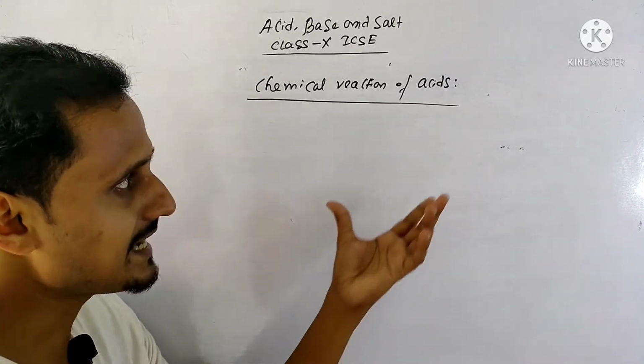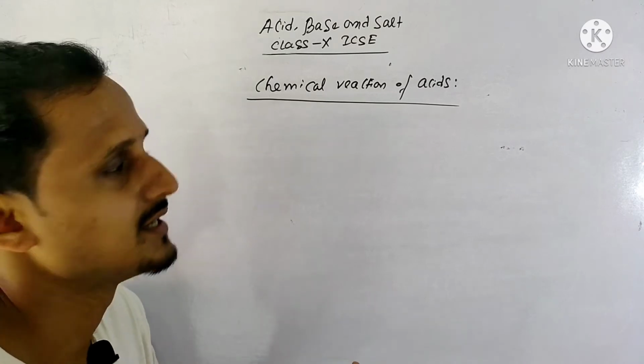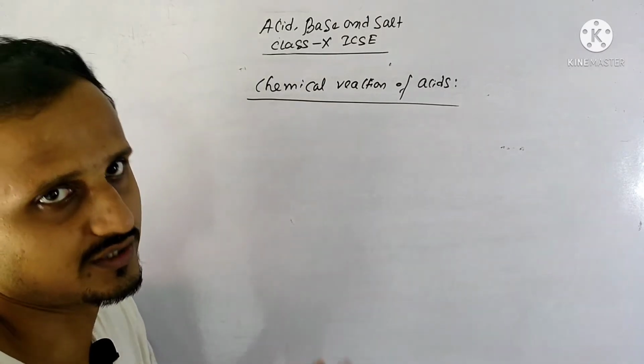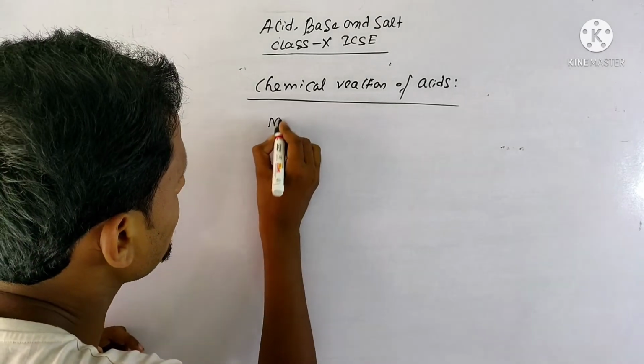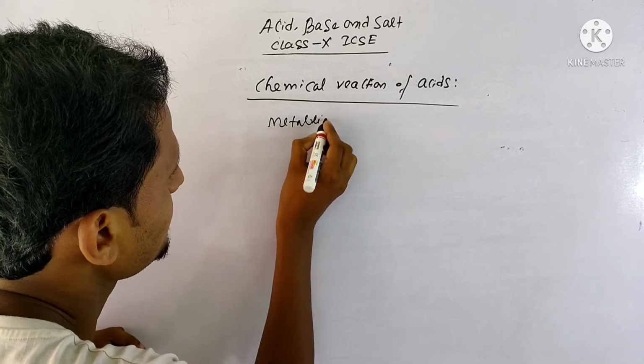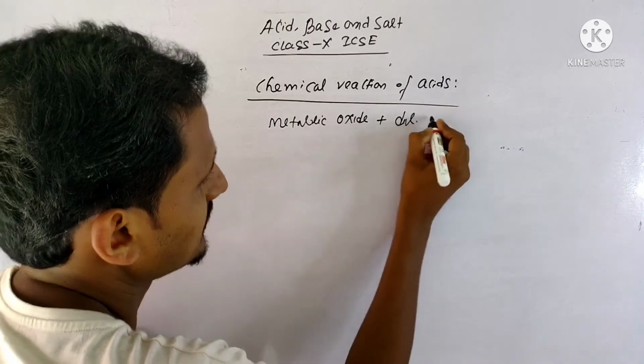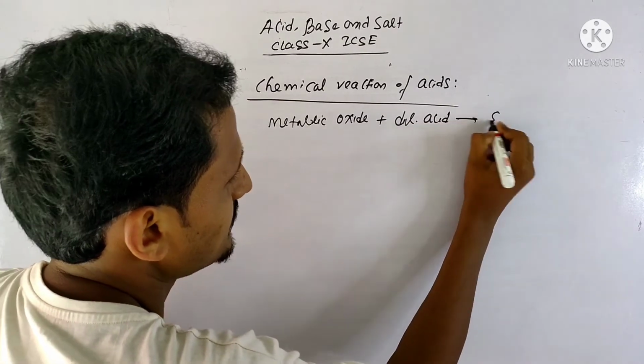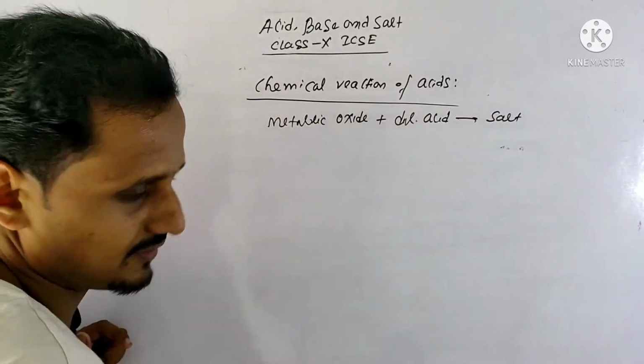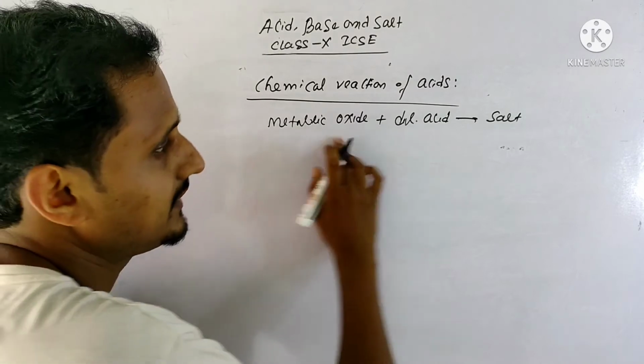When acid reacts with metallic oxide, dilute acid, it will form the corresponding salt of the metal and water.